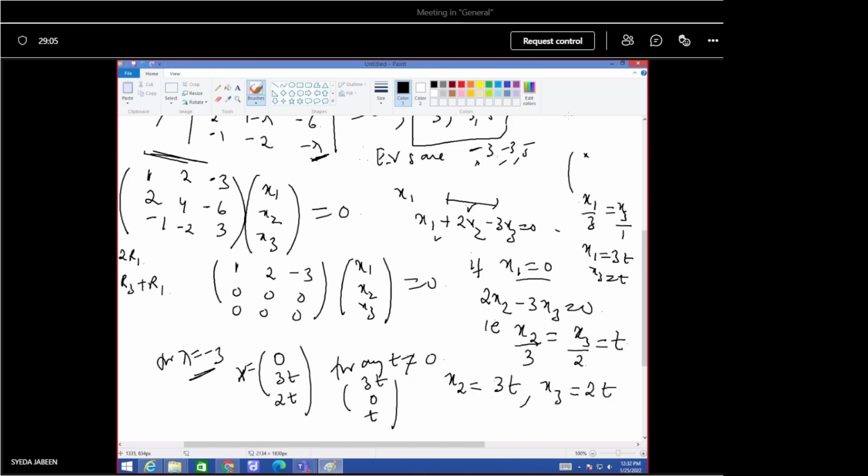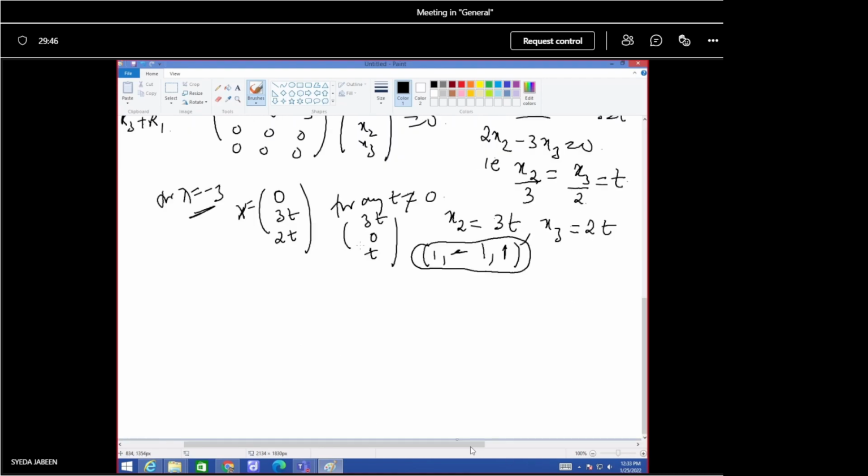No, ma'am. Actually, the vector for lambda equal to 5 is 1, -1, and -1. What others are getting? -1, -2, and 1. Okay, finally, you tell me the matrix that you are getting, then it will be easy.